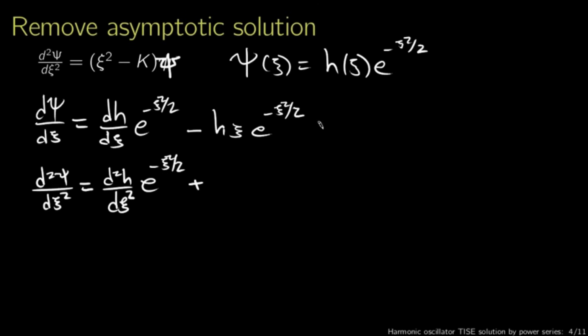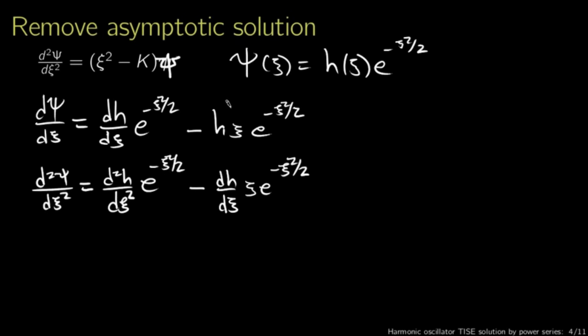And we know what that looks like. Except the derivative is going to be what's unchanged. We're going to have a minus dh d xi xi e to the minus xi squared over 2. That's what we get from our first term.